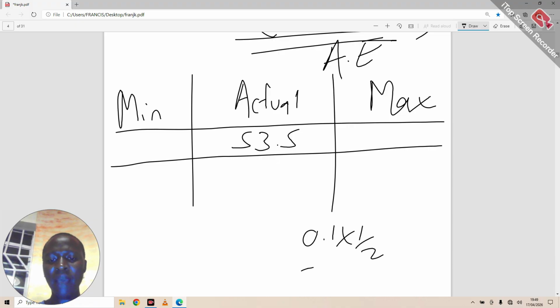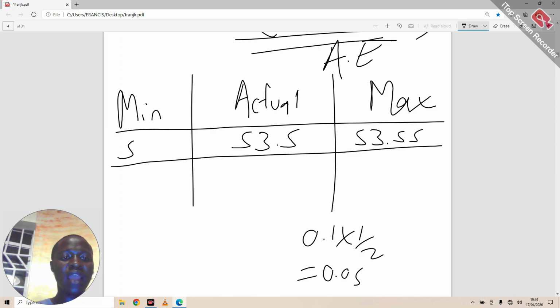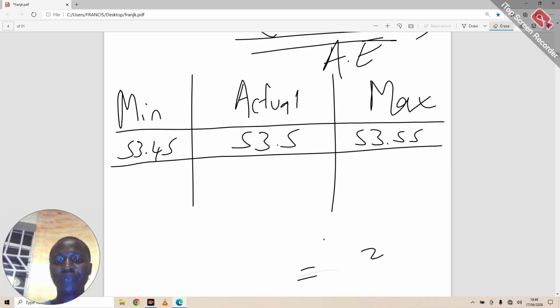Multiplied by a half, I'm getting an absolute error of 0.05. So if I add to 53.5 to get the maximum, I'll have 53.55. Then if I subtract, I shall have 53.45.